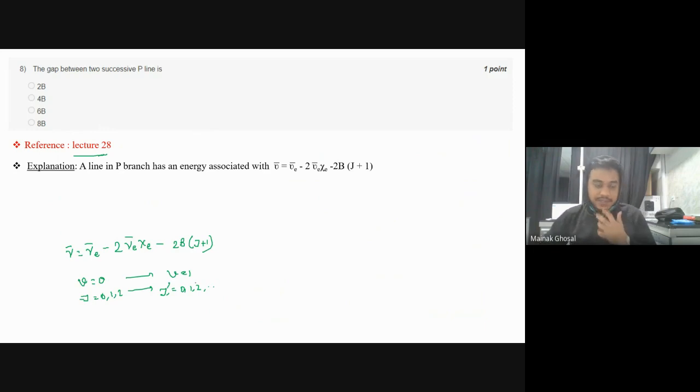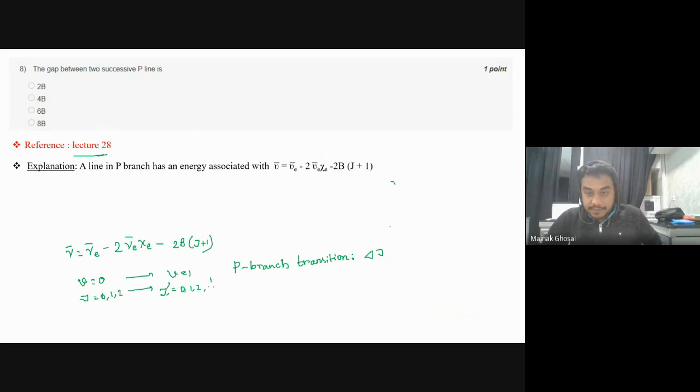And under this condition, your P branch transition will happen, and the P branch condition is that delta J should be, for P branch transition, delta J is equal to plus minus. I'm sorry, there will be no minus here. There will be only one sign.